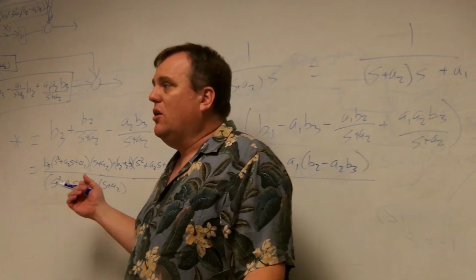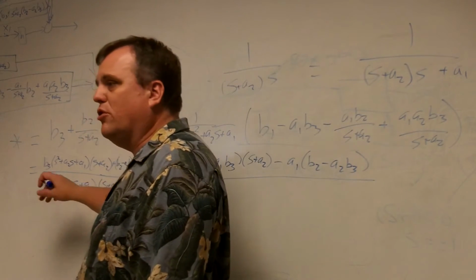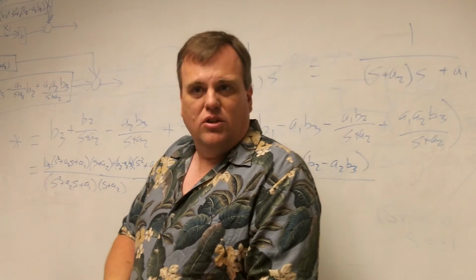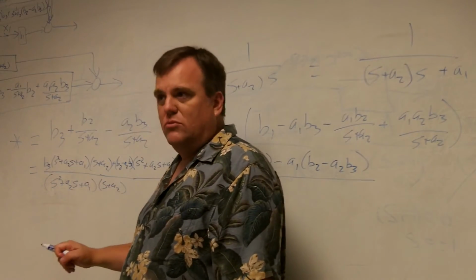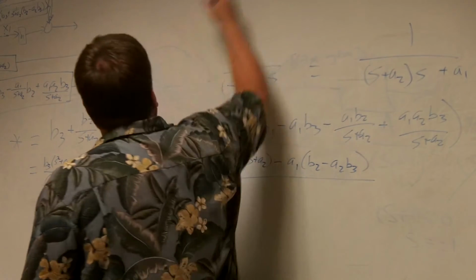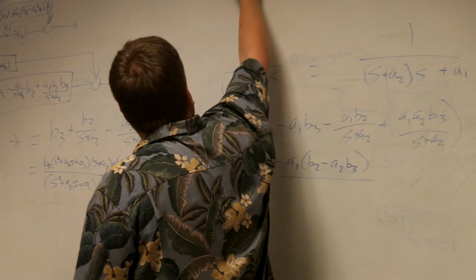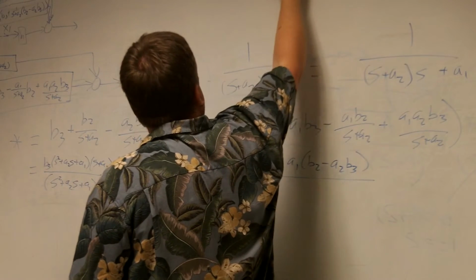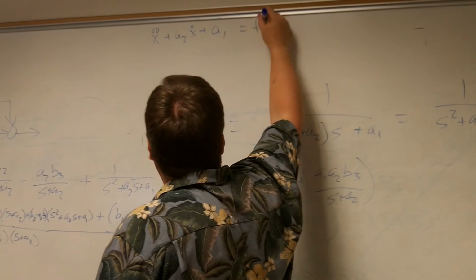Now, if you think about this, these are the terms that had to do with the derivative of your states as you were feeding back from the original system. Remember when we wrote the original equation, when we were dealing with derivatives, let's say like x double dot plus a2 x dot plus a1 x equals something?